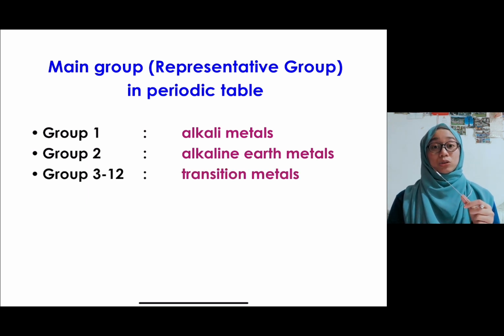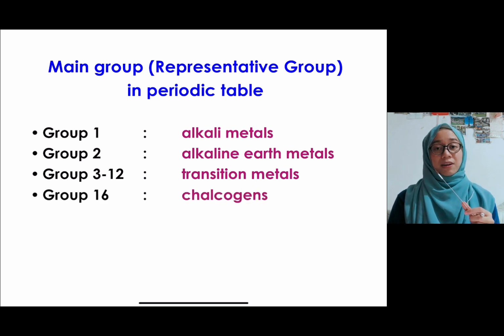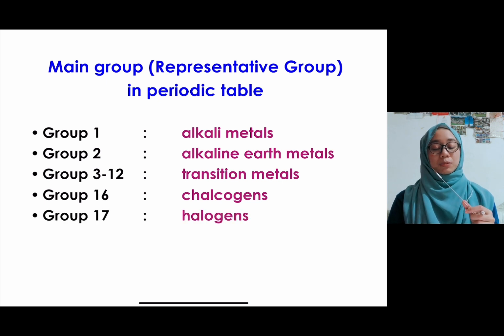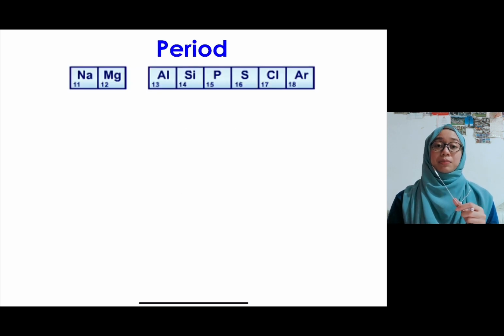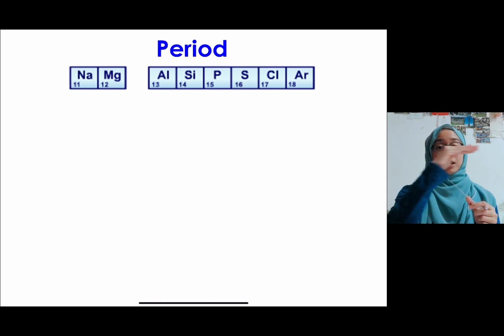Group 3 until 12 is what we call the transition metals, and we have group 16, the chalcogens or family of oxygen. And then group 17 is the halogens, and group 18 is what we call the inert gases or noble gases.